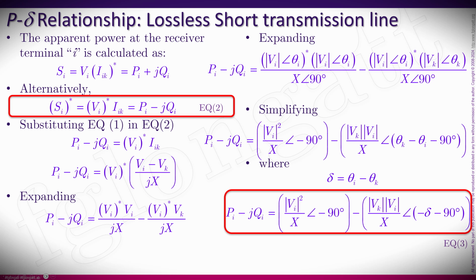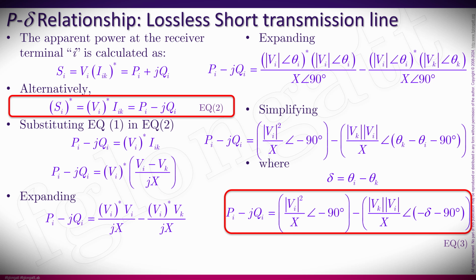So the next step is I want to write the equation defining the apparent power that is introduced in the sending terminal, and that is the reason for the letter I. Remember, we are calculating the apparent power, but this apparent power is coming from the sending terminal.